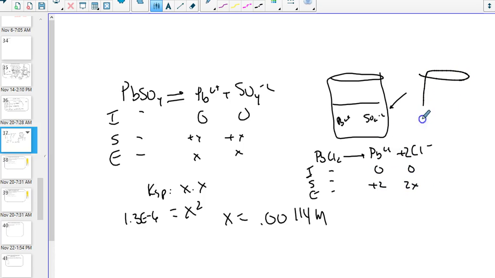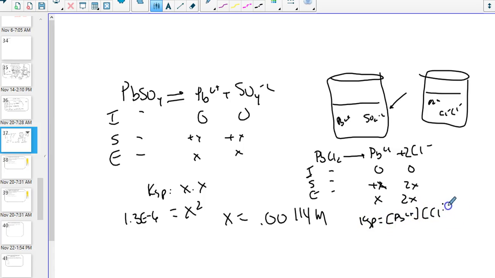My beaker would have Pb2+ and 2 Cl- ions. So plus x, so this is x and this is 2x. So Ksp equals the concentration of Pb2+ times the concentration of Cl- squared, and we're going to plug these in here.